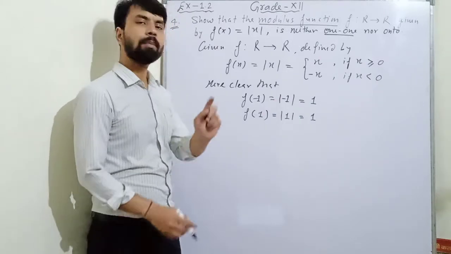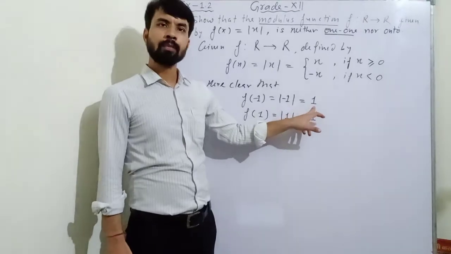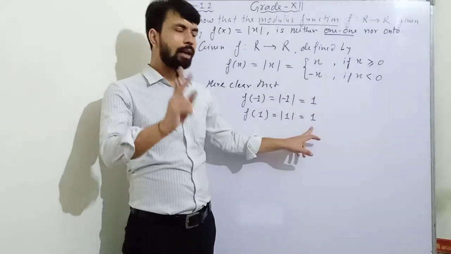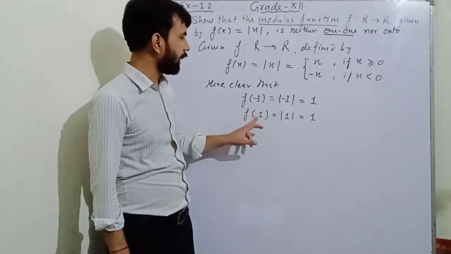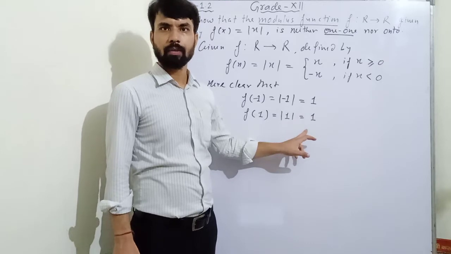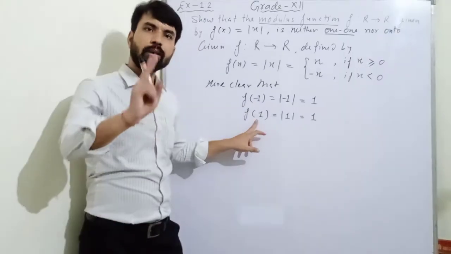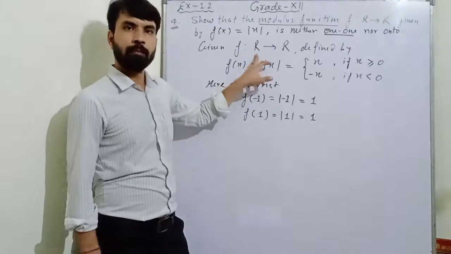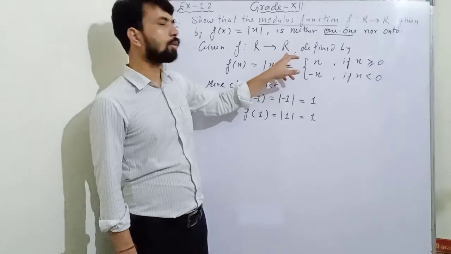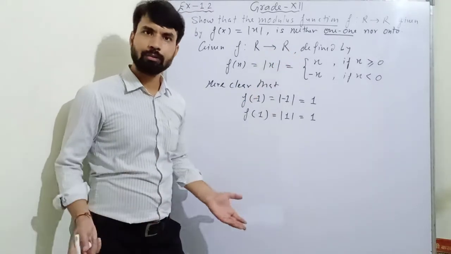Understood? So here we find that the image of minus 1 is 1 and the image of 1 is also 1. That means there are two different elements, minus 1 and 1, which have the same image. Are you getting this point? Minus 1 and 1 are two different elements of its domain which have the same image in its codomain. Understood? So this function is not one-one.